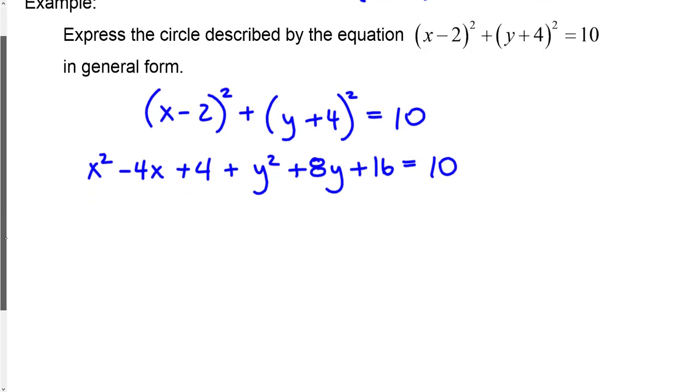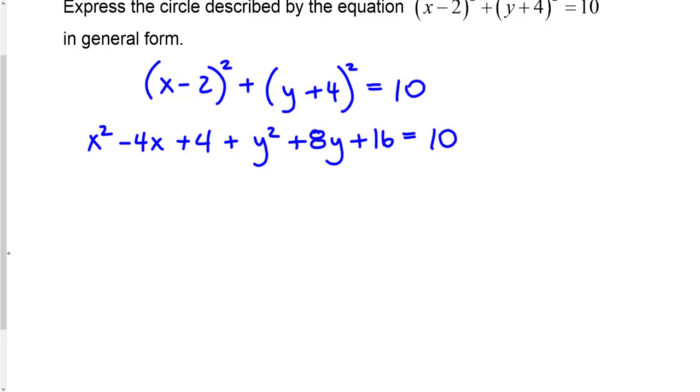And now I look for like terms. So I have x squared plus y squared minus 4x plus 8y. So no like terms yet, but I do have the 4 and the 16, which would combine into 20.